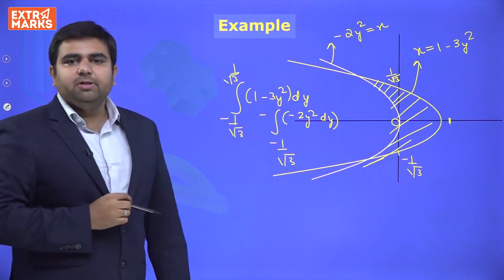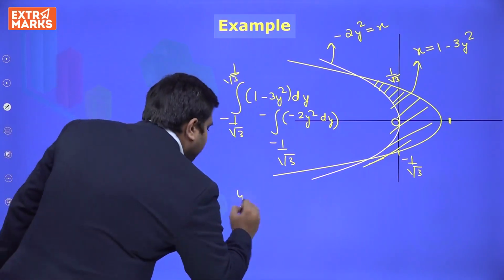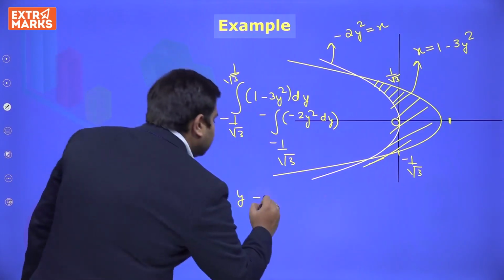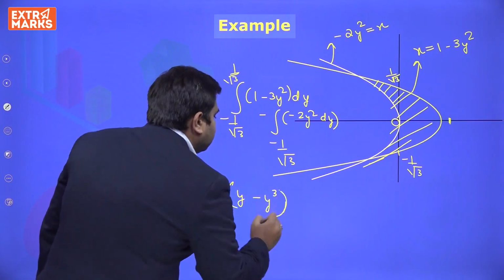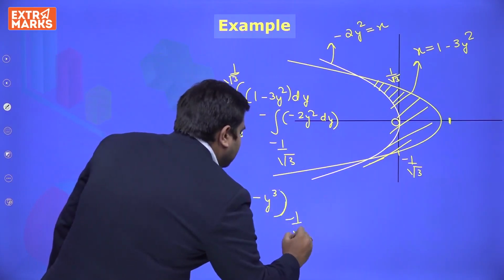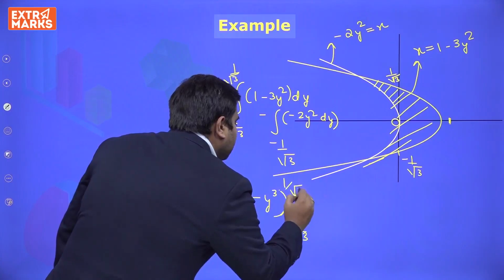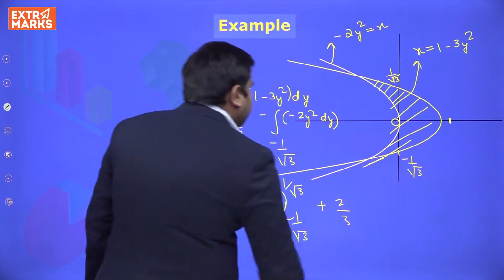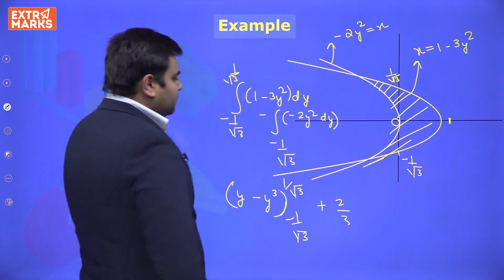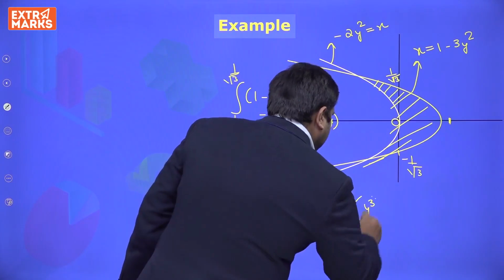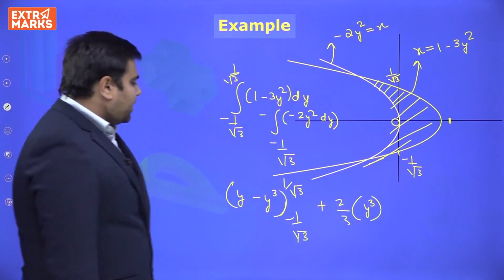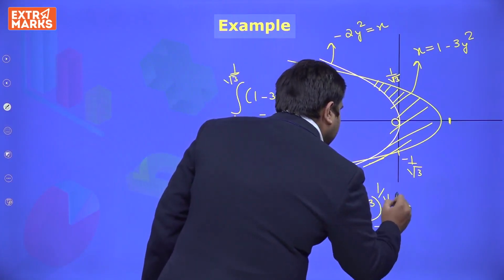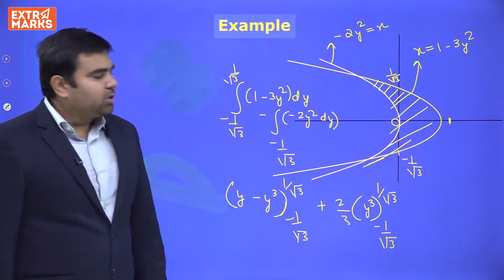So you can easily integrate this now. This will be y minus 3y square upon, so 3y square integration is y cube. So y minus y cube, from minus 1 by root 3 to 1 by root 3, plus 2 by 3 y cube, right? 2 by 3 y cube, and y again gets varied from minus 1 by root 3 to 1 by root 3, right?